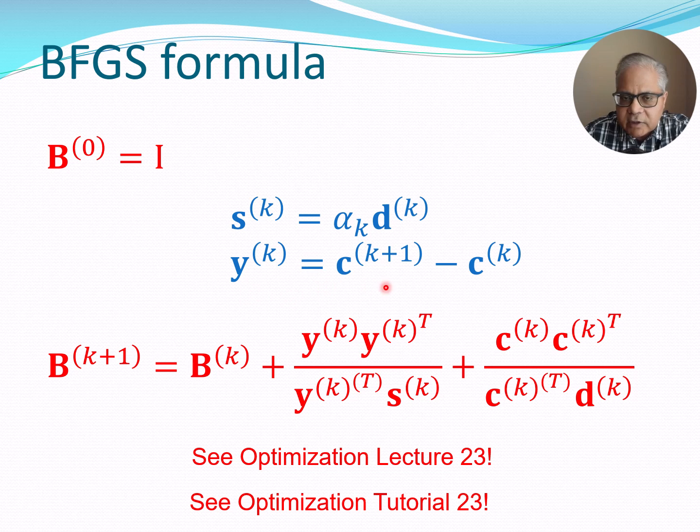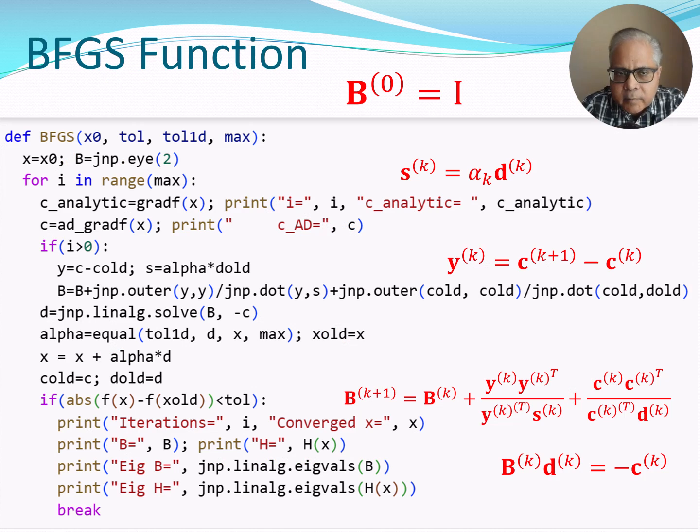So yk is the difference between the gradient vectors at point k and k plus 1, and sk is the difference between the design vectors at point k plus 1 and k. So once I have these two, I can very easily craft the BFGS method. Again, details about the BFGS method are given in lecture 23 and tutorial 23. You can check it out if you want.